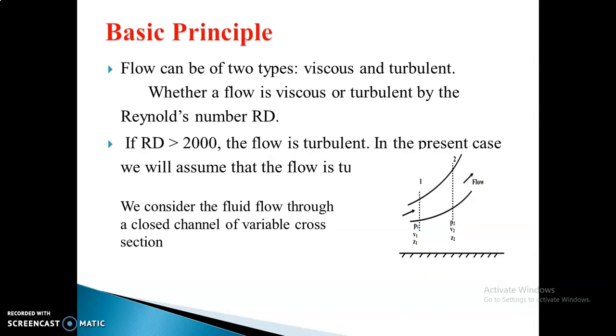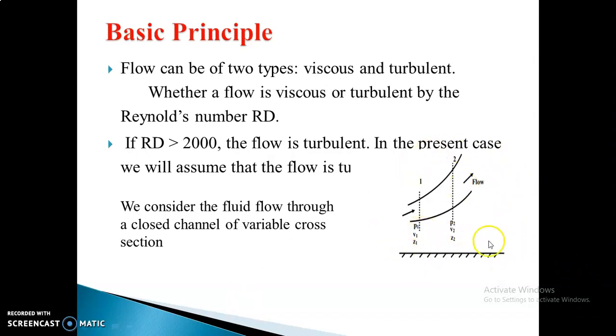Here we have considered fluid flow through a closed channel of variable cross section. In this diagram, you can have a look: there are two channels, channel 1 and channel 2, and the passage is the flow of liquid. In each channel we have kept P1, V1, Z1. P is pressure, V is velocity, and Z is datum.